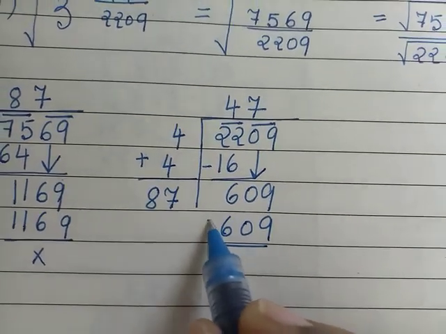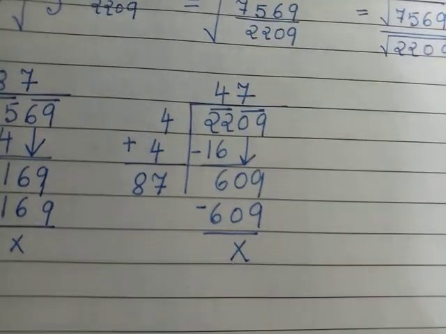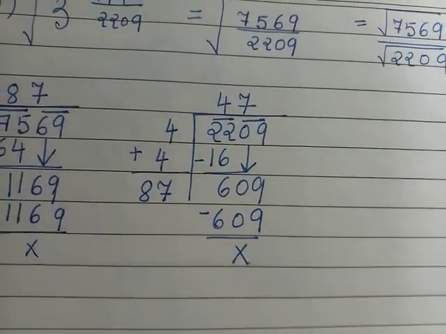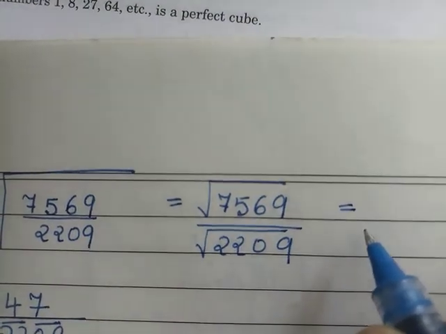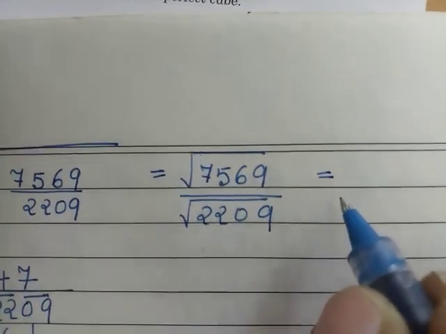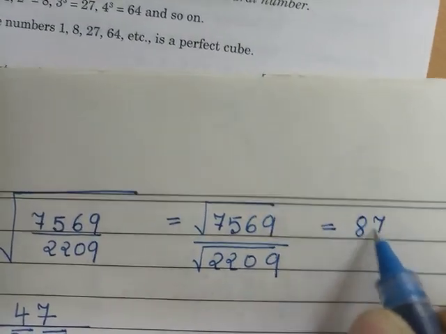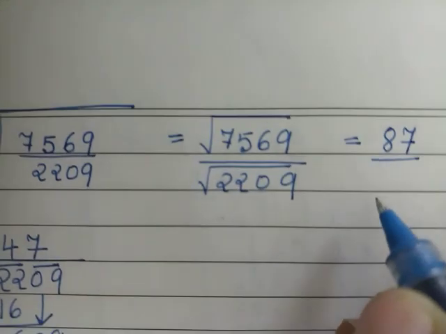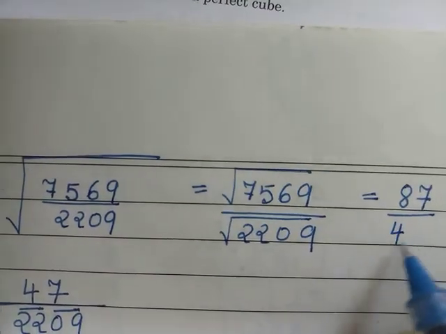Okay, that is getting completely cancelled. The square root of 2209 is 47. So we came to know that the square root of 7569 is 87, and the square root of 2209 is 47.